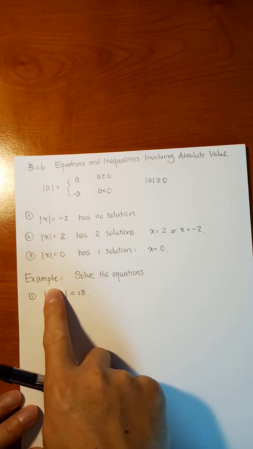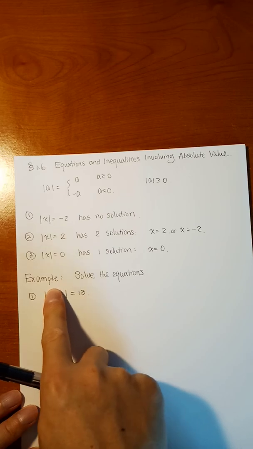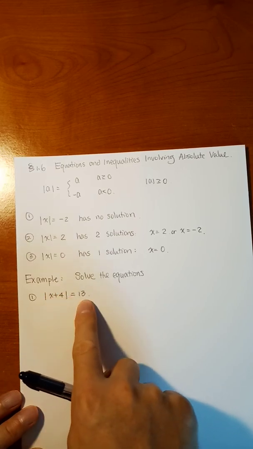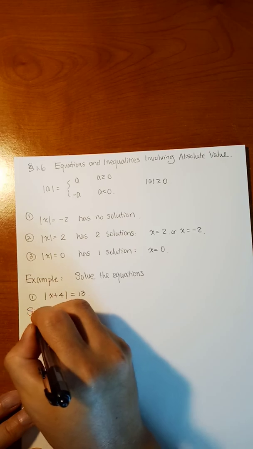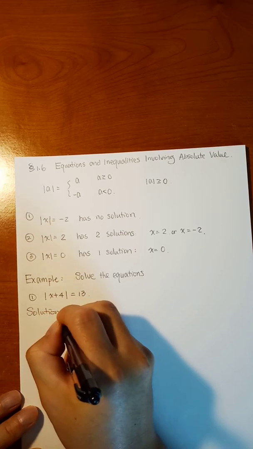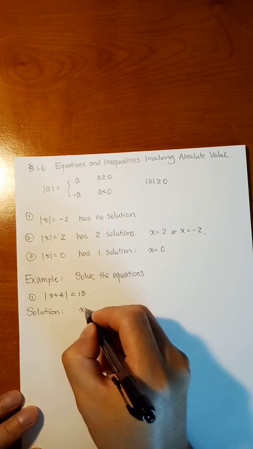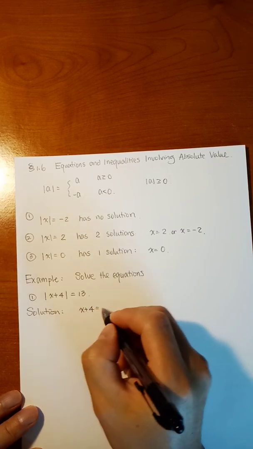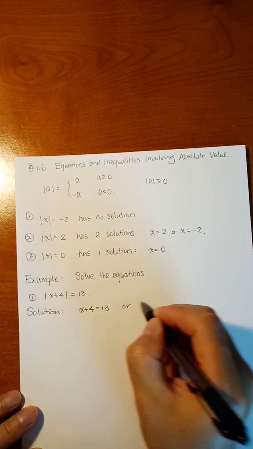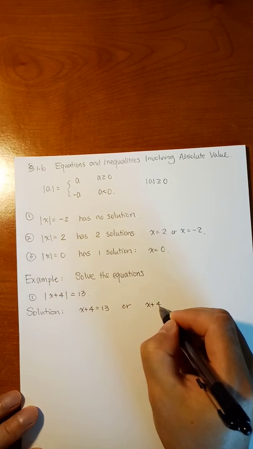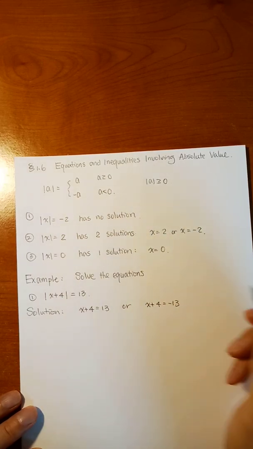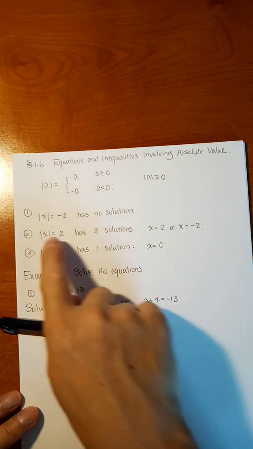This internal quantity has absolute value equal to 13. Then, 13 is positive, so you have two choices. Either this internal quantity is equal to 13, or this internal quantity is equal to -13.